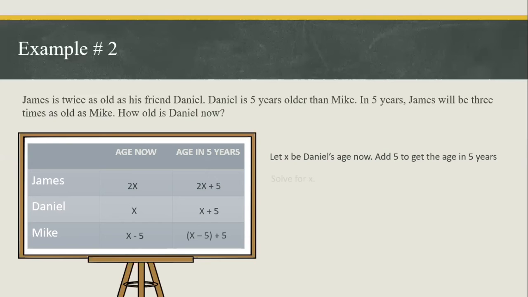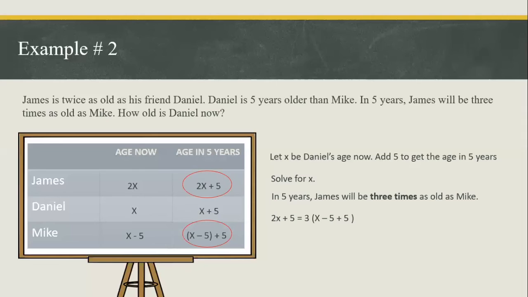So we will solve for x. In the problem, in 5 years, James will be 3 times as old as Mike. So our equation will be 2x plus 5 equals 3 times the quantity x minus 5 plus 5.